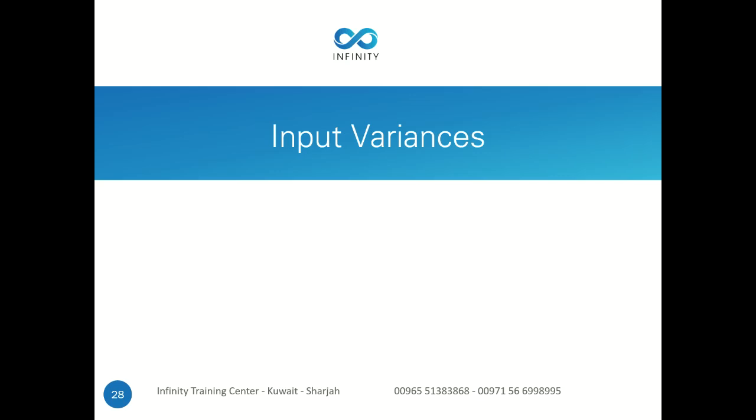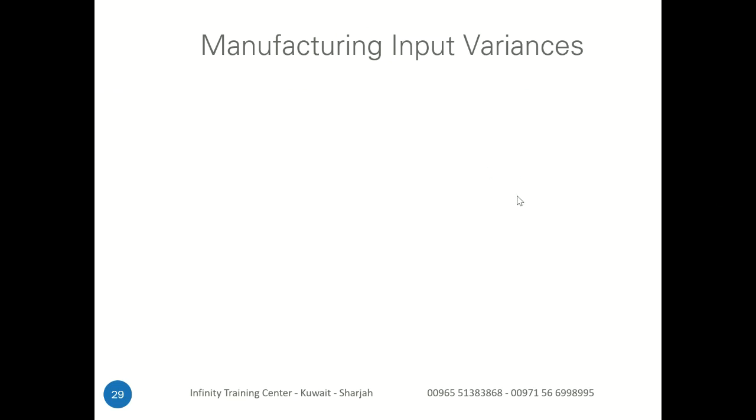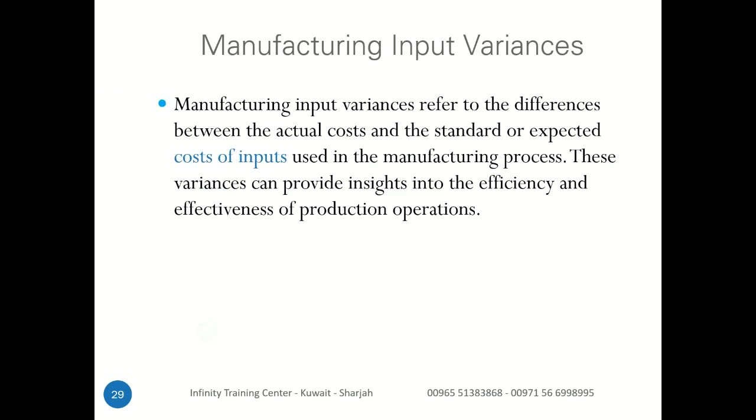And we will have a standard in the beginning to make a certain number of units, how much we are supposed to spend and how much we actually spend. This difference is what we call input variances. So input variances refer to the differences between the actual cost and the standard, or we can say expected cost.